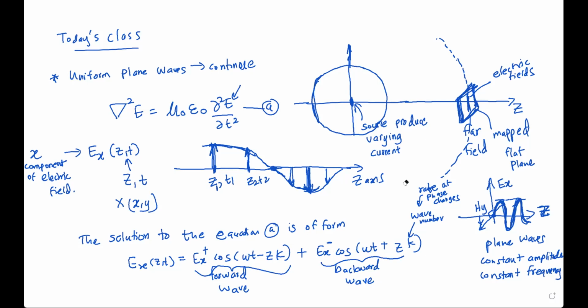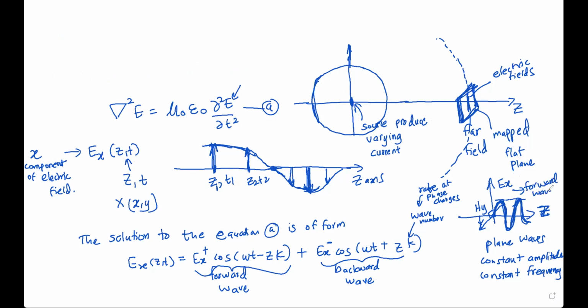So I will erase these top sections. Right, in this study we are only going to concentrate on the forward going wave. Forward wave is something we consider when we consider radiation or antenna propagation, a wave that is propagated from a certain antenna along a certain direction.